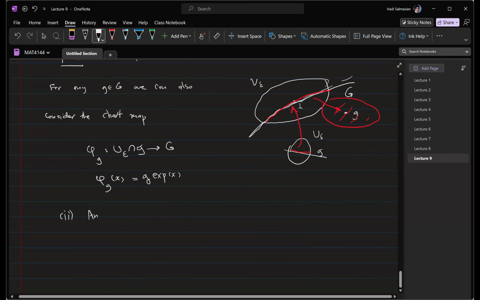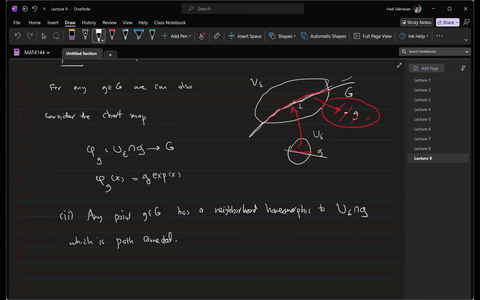Any point g in G has a neighborhood homeomorphic to U epsilon intersect G, which is path connected. It's some open subset, and you can choose the subset to be connected. You have some open set where you can take a connected subset that is homeomorphic to some open set around g in the group G.